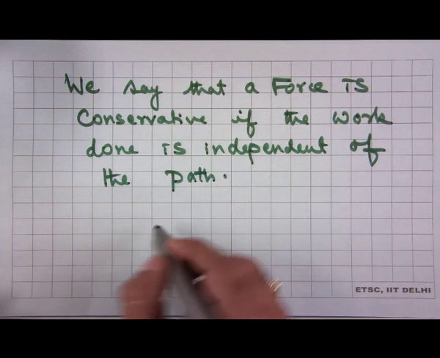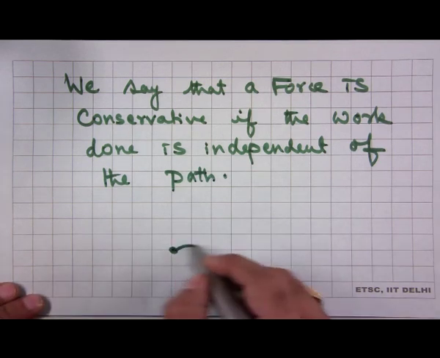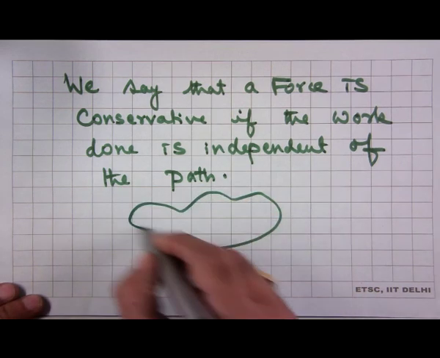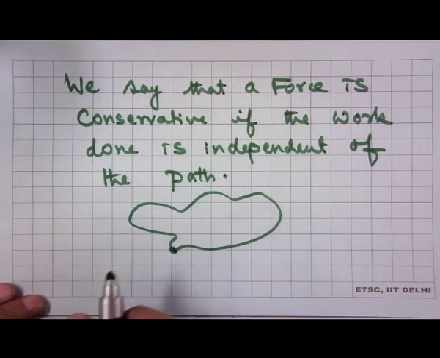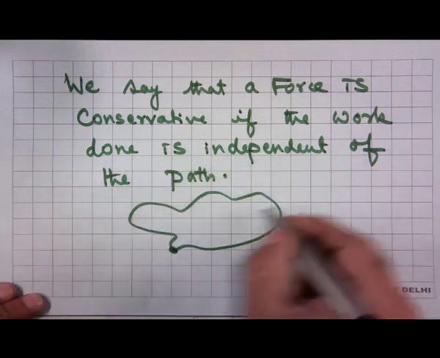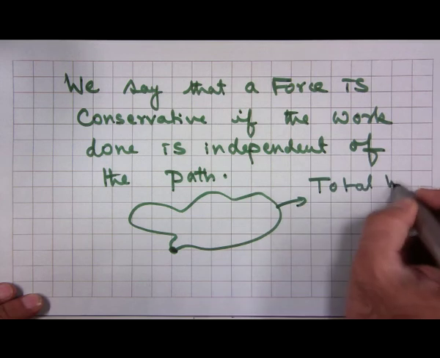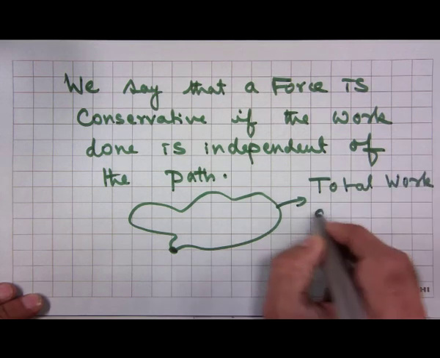What does it mean? In particular, suppose a body started at a point, it went all around the place and came back because of the action of a force. Then irrespective of what this path is, the total work done is 0.